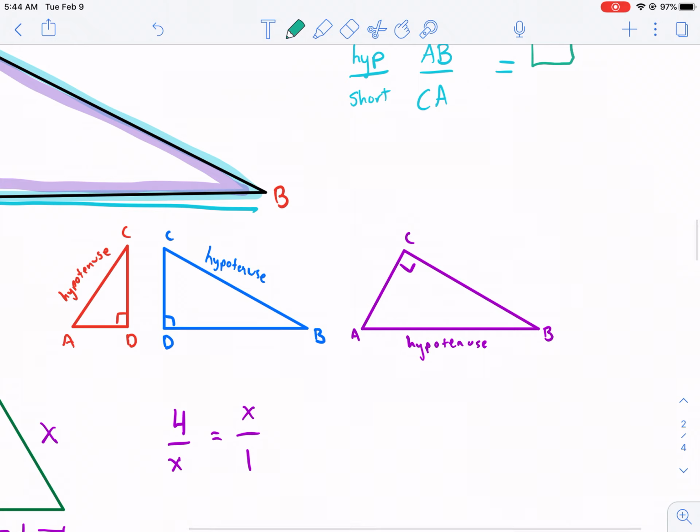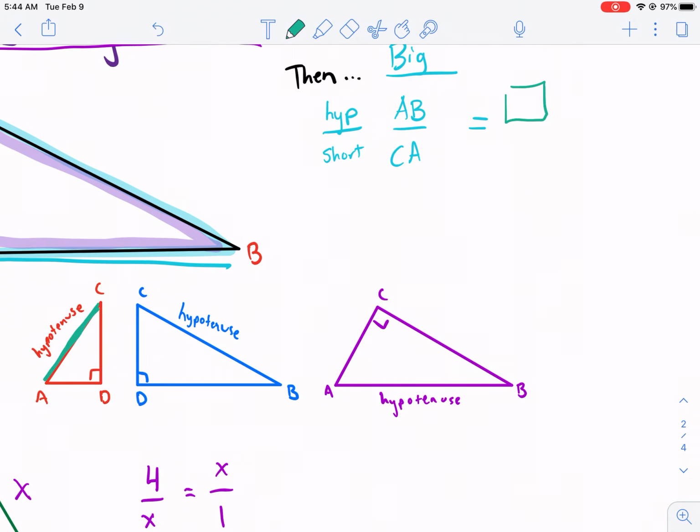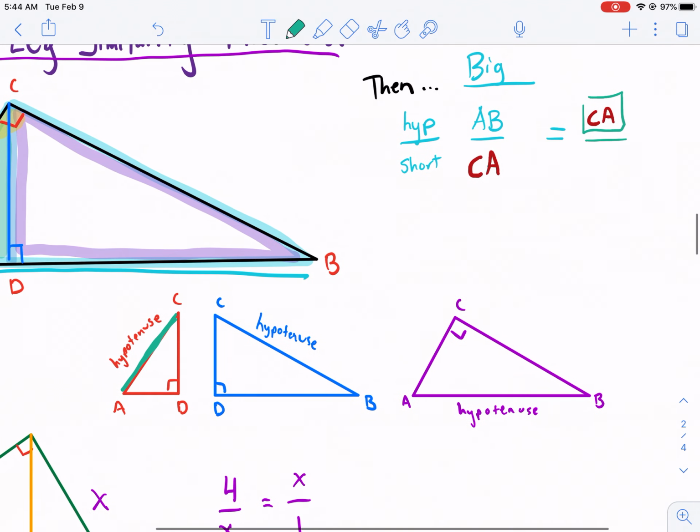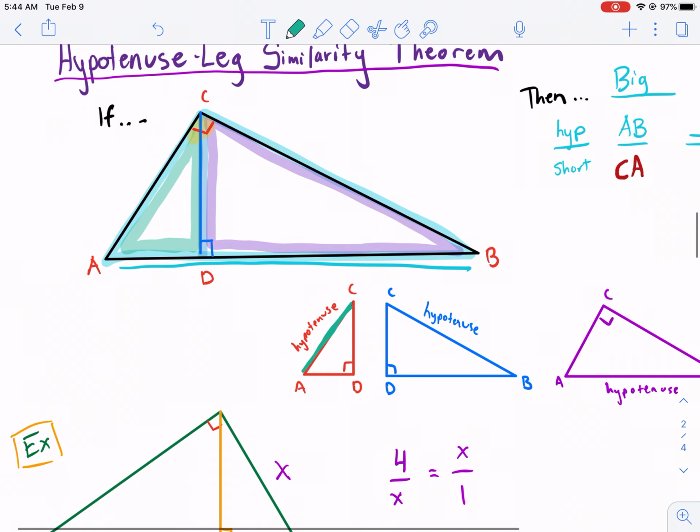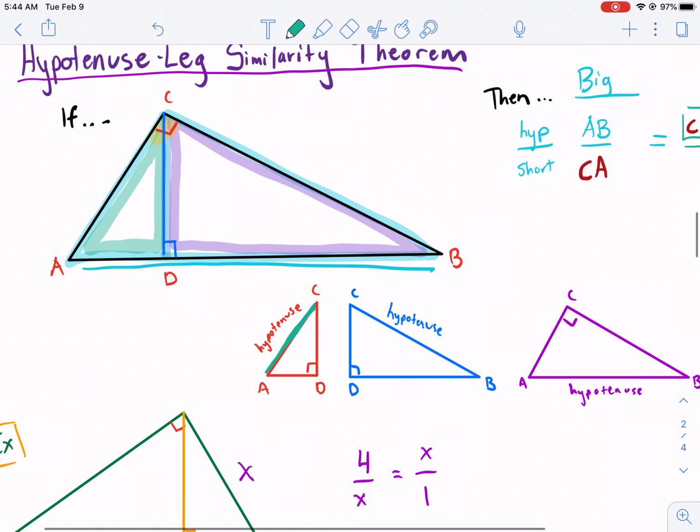If we look at the medium triangle drawn here, it's CB, that's no good. Look, CA is the hypotenuse of the small triangle. Let me change this color to red. CA, and we have CA again here, over its short side. That was the hypotenuse, over the short side. The short side of the small triangle is AD.